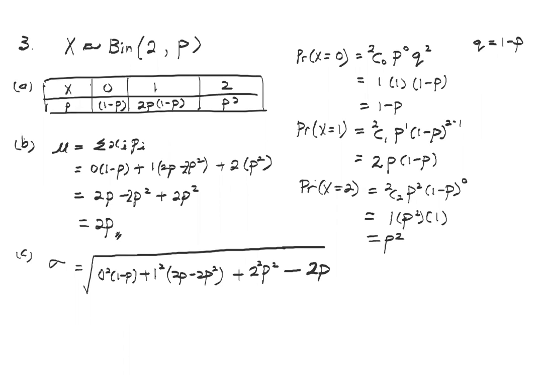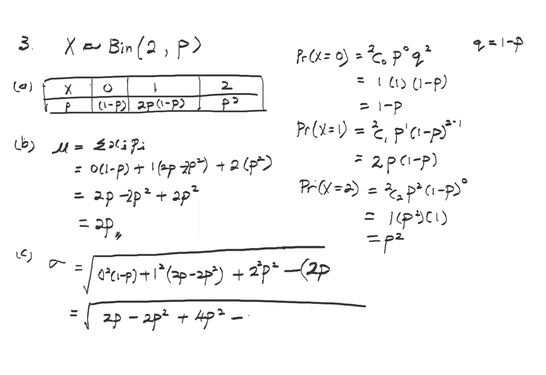So this will end up with square root of 2p minus 2p squared plus 4p squared minus, did I do anything wrong? I cannot get what I want.